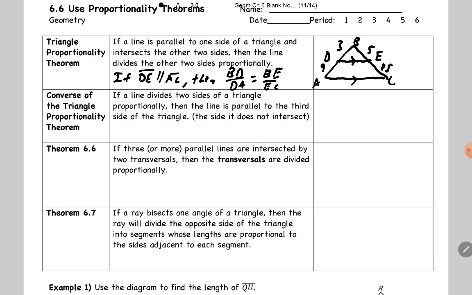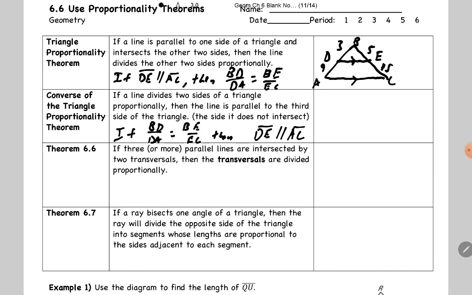And then the converse, which means going backwards here: if the two sides are split proportionally, then the lines are parallel. So just working backwards. And this one they just called theorem 6.6.